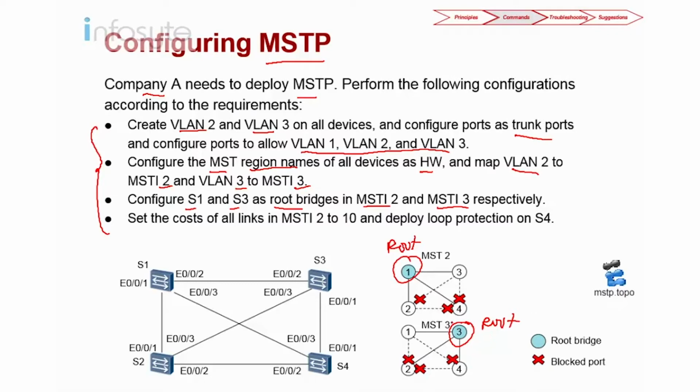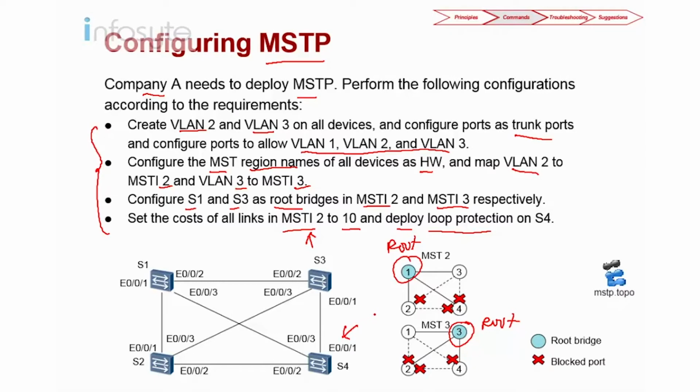We also need to set the cost on instance number 2 to 10, and you notice that it's only instance number 2. They never mention anything about instance number 3. And we also have to deploy loop protection on switch 4. So these are the requirements, which should not be too difficult.